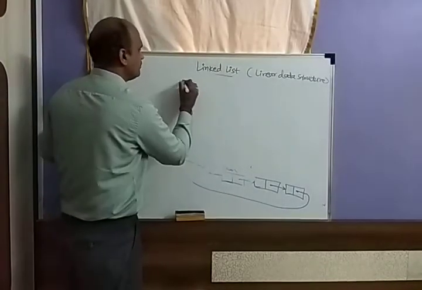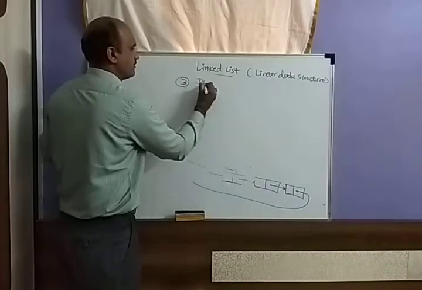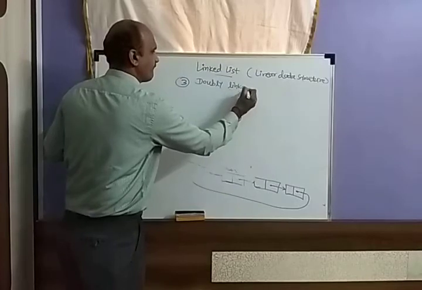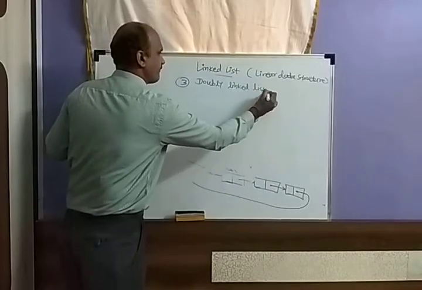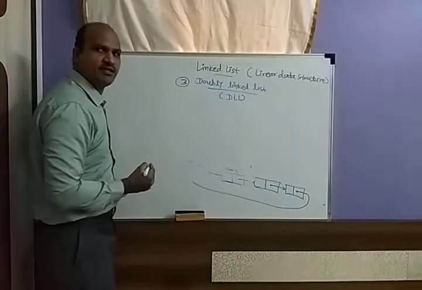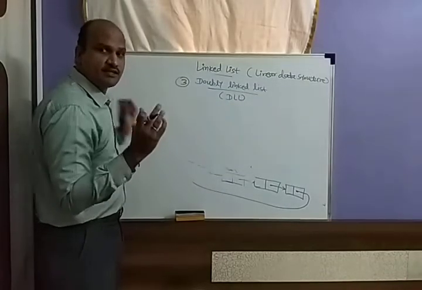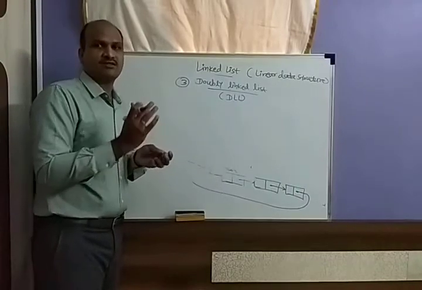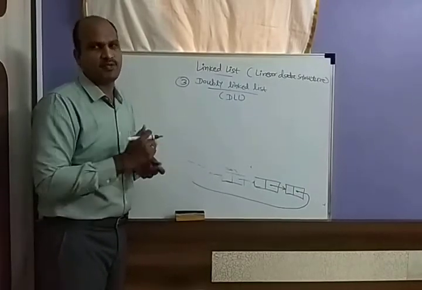We call it DLL. Doubly linked list means a list in which each node points to both the next node and the previous node.